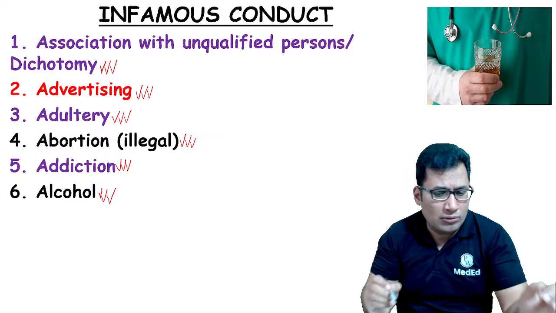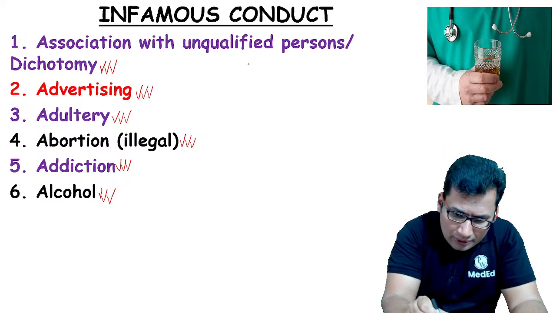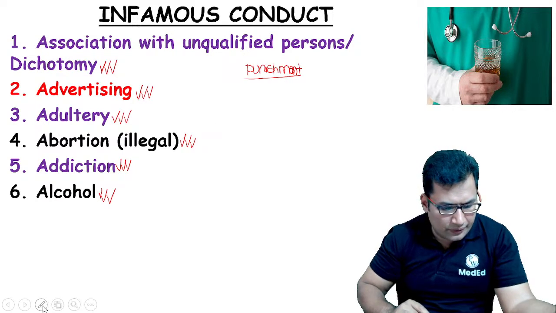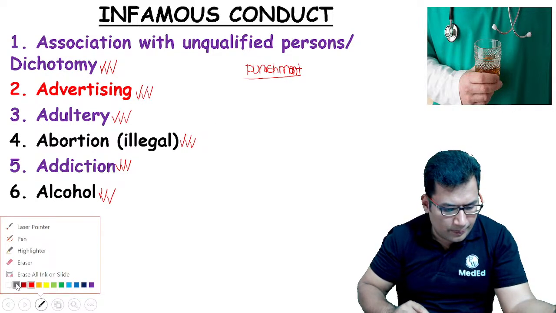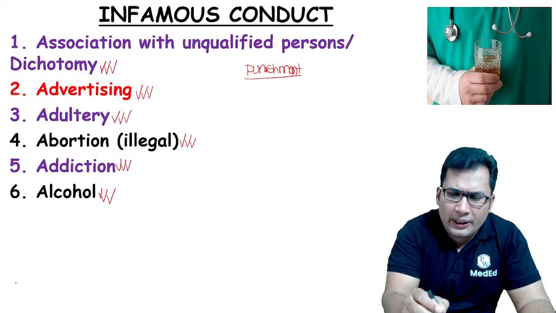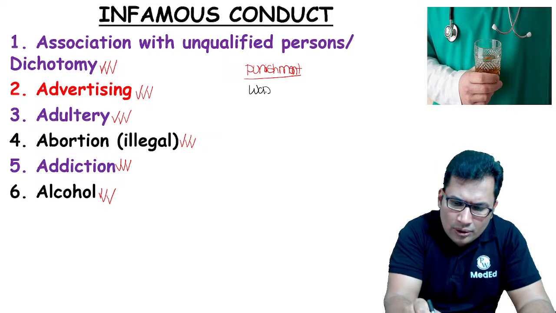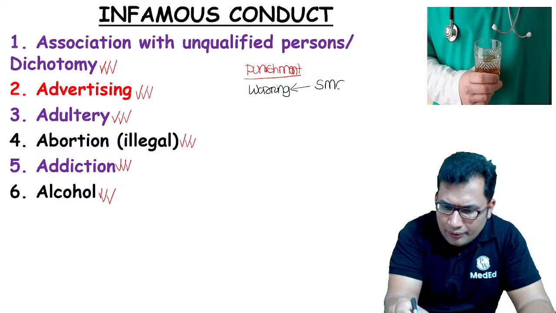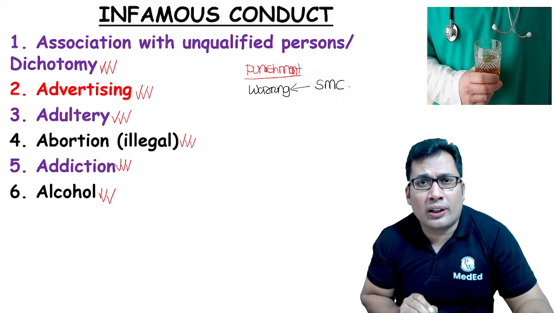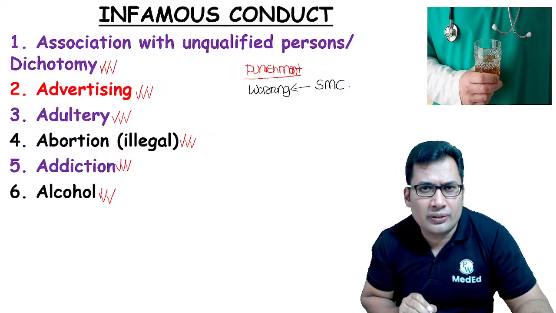So what is the punishment for infamous conduct? Can anyone guess? Come on, anyone? The punishment can be either a warning from the State Medical Council, or removal of the name of the doctor from the medical register, that is cancellation of license to practice.